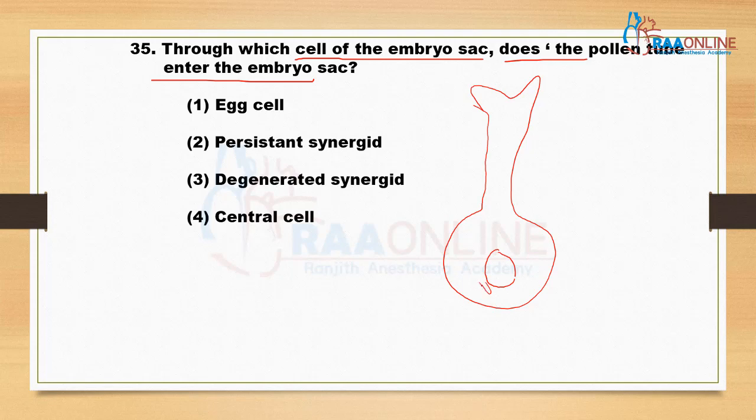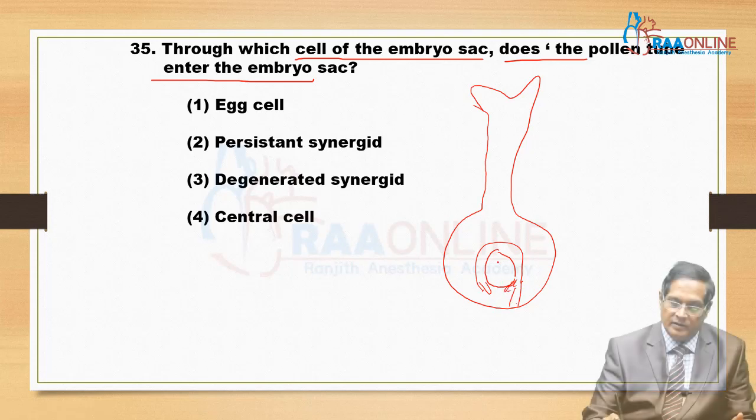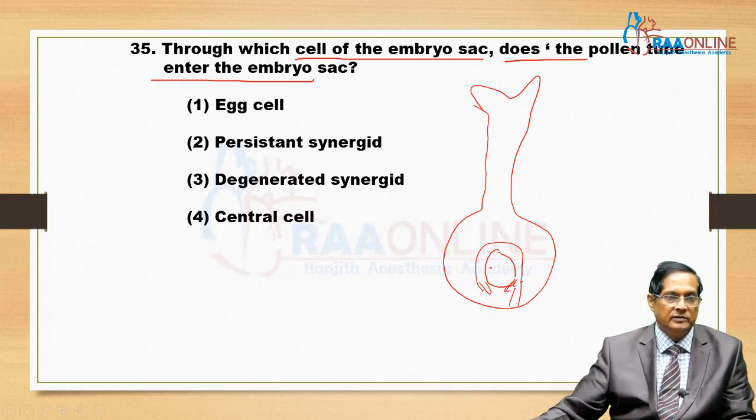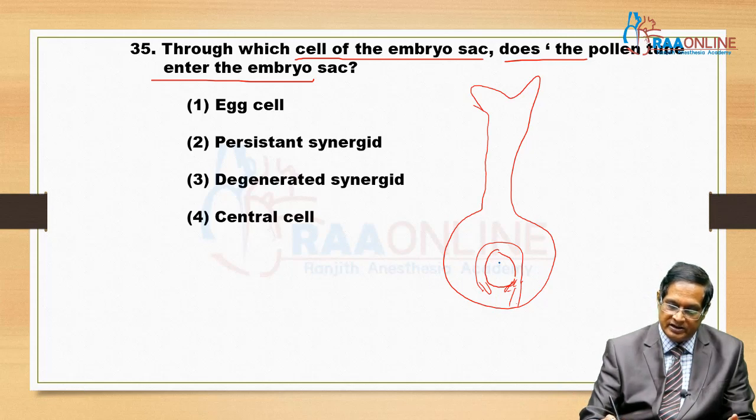This is the ovule, and this portion is the micropyle. Within the ovule, the embryo sac is present. The embryo sac is a haploid structure inside the diploid ovule, and this is the egg cell, synergid.